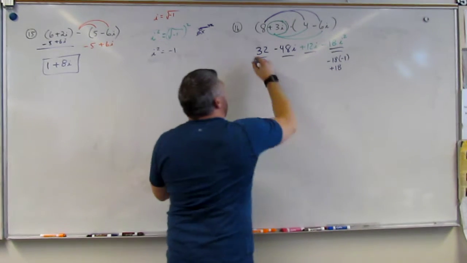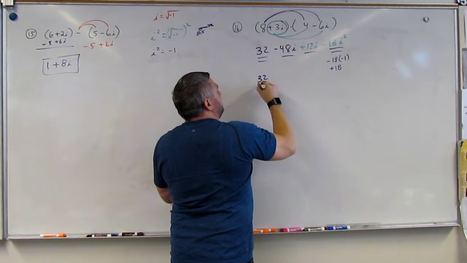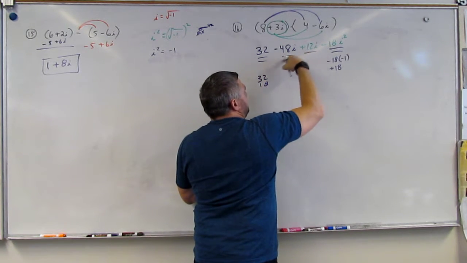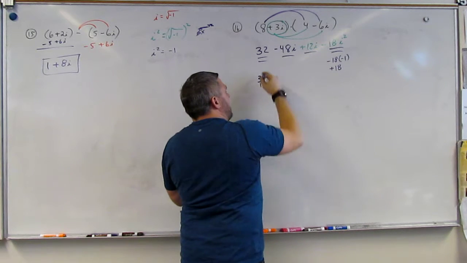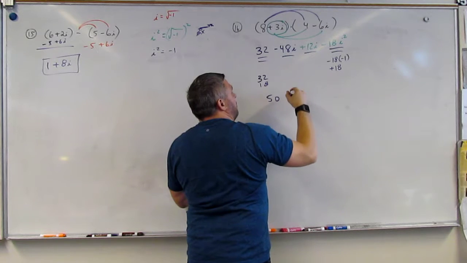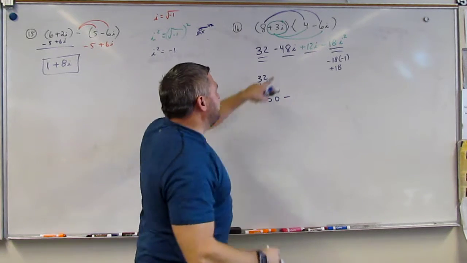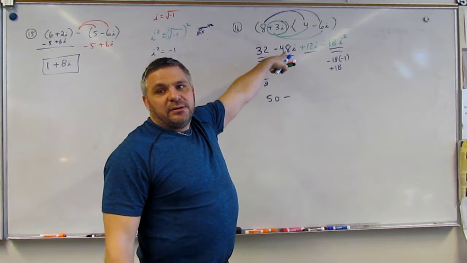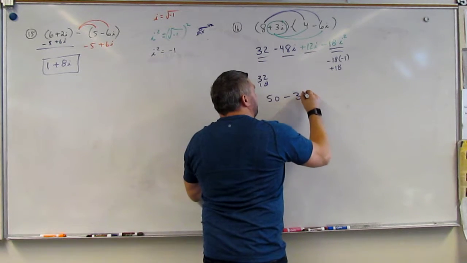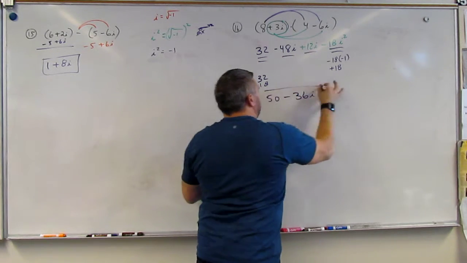So then I'm going to add 32 and 18, and I'm going to take these differences. So I have 40, 50, and then minus, and it looks like you're taking 12 away from 8. So 2 away from 8 is 6, 1 away from 4 is 3, so it's 36i.